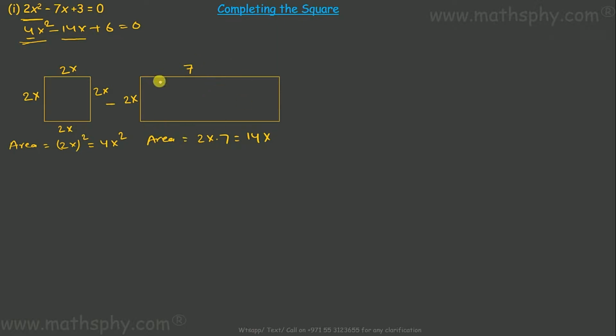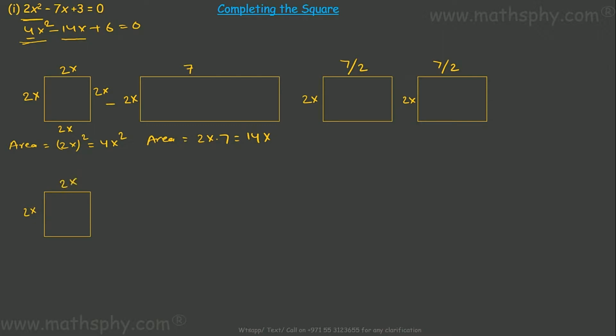If I split this rectangle into two pieces, like this, this side remains as it is, 2x, 2x, and this other side I am splitting into two halves, 7 over 2, 7 over 2. Now, let's take this rectangle and put it along with this square, which is 2x by 2x.